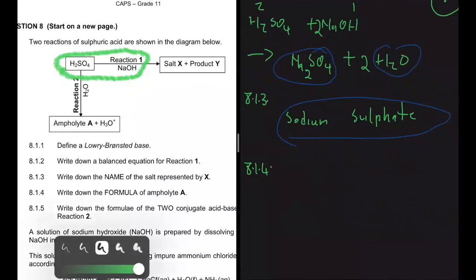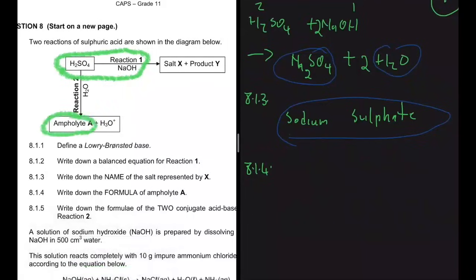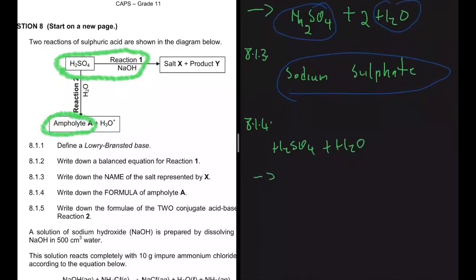Ampholyte A is in our reaction 2, right? So in our reaction 2, we have H2SO4 plus H2O. And then it gives us, we know we're supposed to have H3O plus. So the sulfuric acid only donated 1 proton, right? So here we are left with HSO4 minus, right?